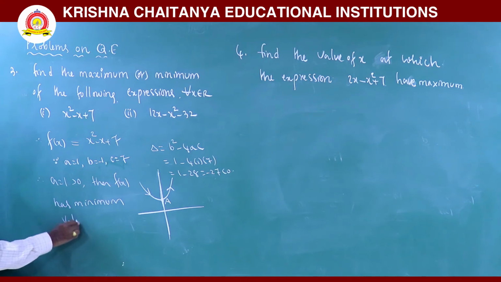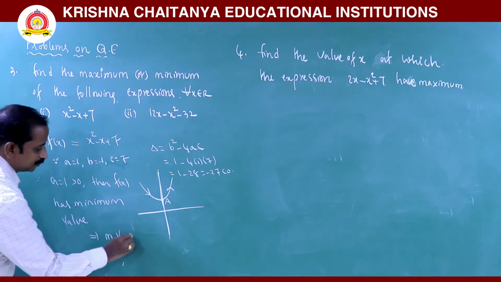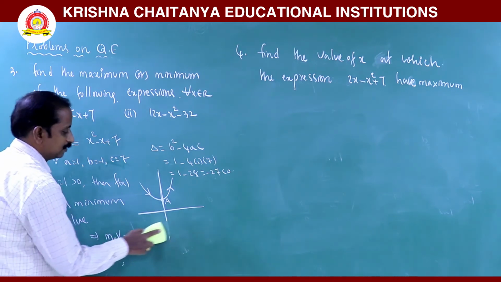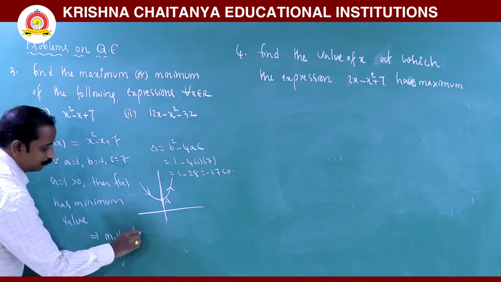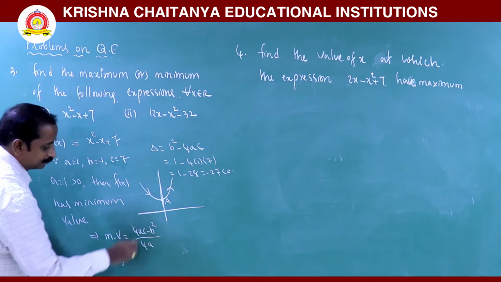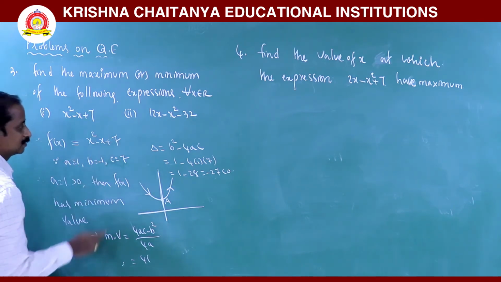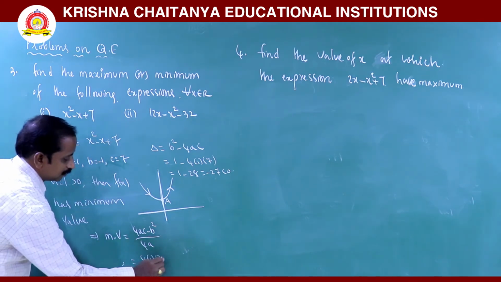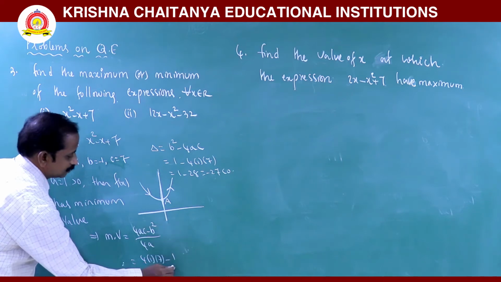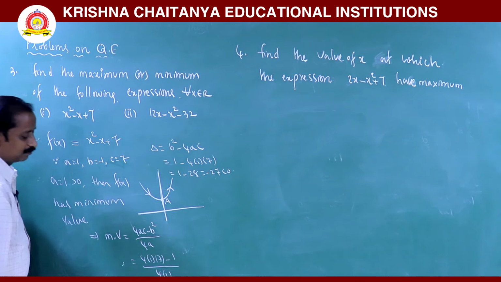The minimum value formula is minimum value equals 4ac minus b square divided by 4a. So 4ac is 1 into 7, minus b square means minus 1 whole square, by 4a means 4 into 1.